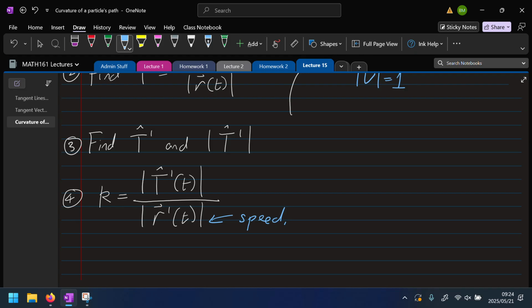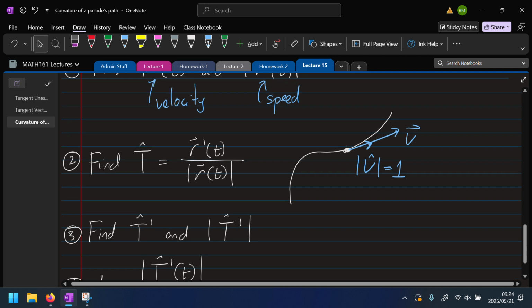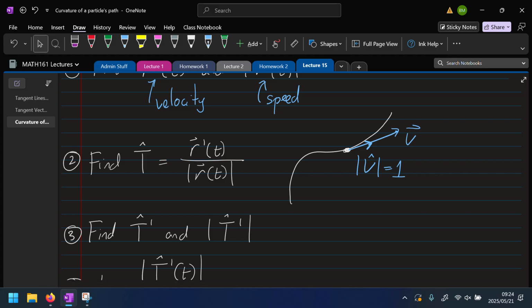Yeah. T hat, that is the velocity vector divided by its length. So you're taking the vector and dividing by its length so that the length becomes 1. So you can think of it as v hat is the velocity vector divided by the length of the velocity vector.